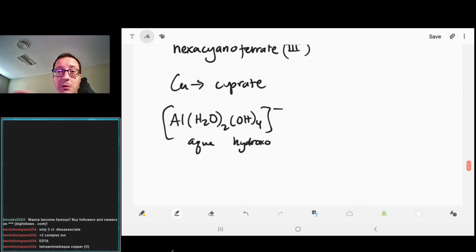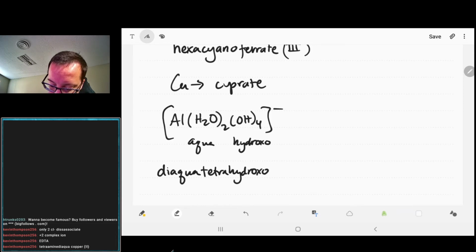And so what we're going to do is name this as always. So we have diaqua, tetrahydroxo. I don't know how to spell tetra. Aluminum(III). That's how we would normally name this, right?